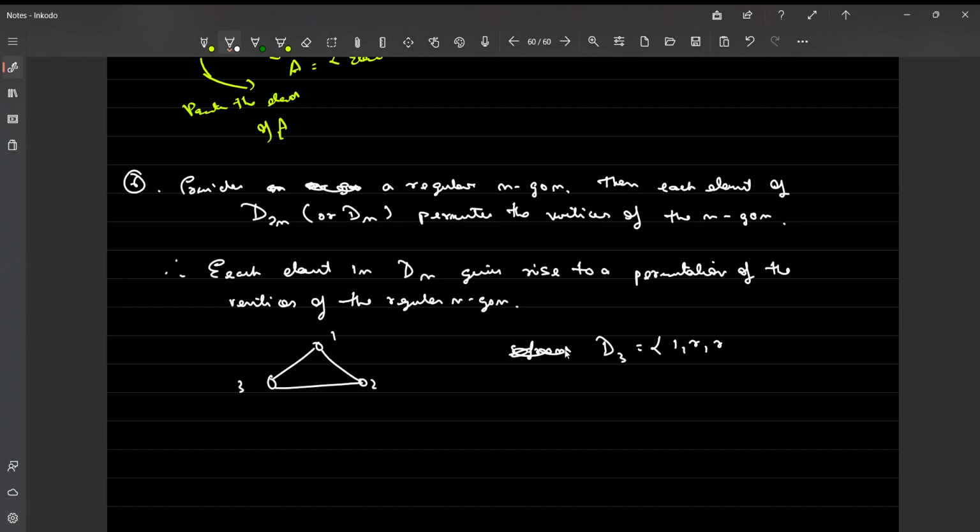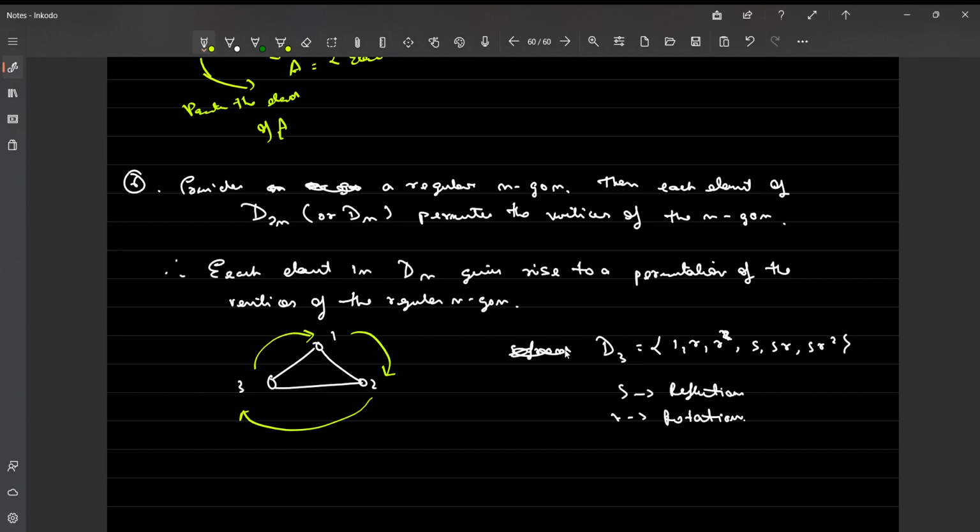So what does D_3 look like? It is the set of elements 1, R, R squared, S, SR, SR squared, where S represents reflections and R represents rotations. What are the possible rotations?